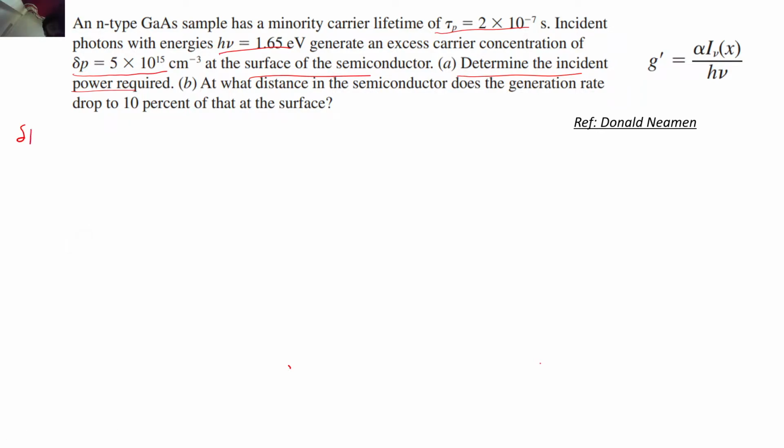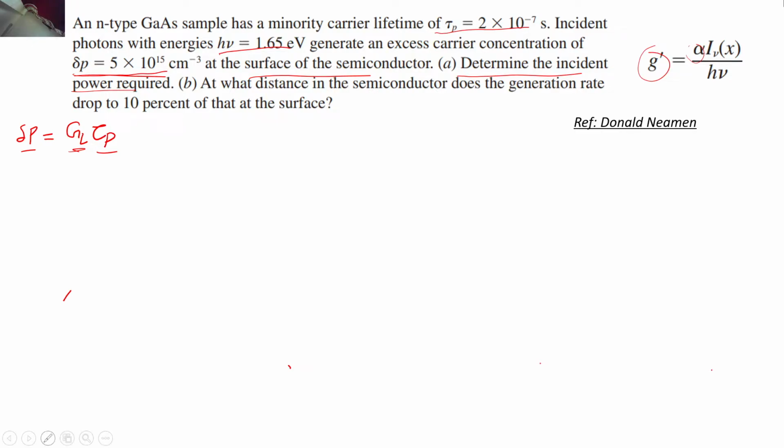So what do we know? First, this excess carrier concentration, Δp, is G_L times τp, correct? So τp has been given, Δp has been given, and I will get G_L from here. And once I get the value of G_L, then hν I know, alpha they have not given.